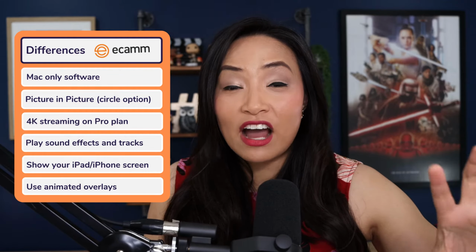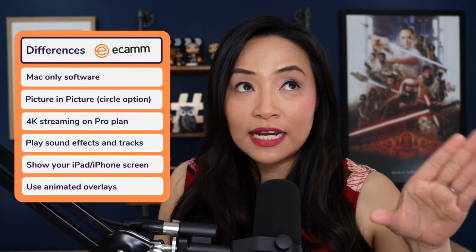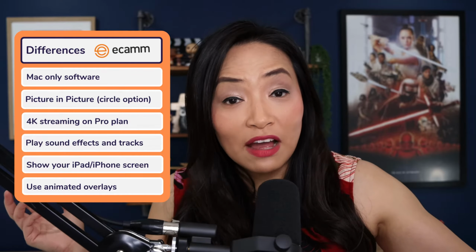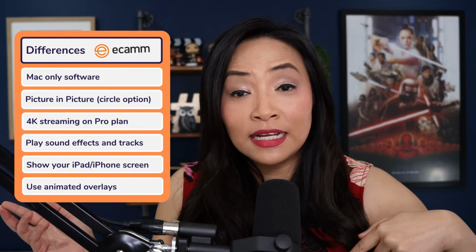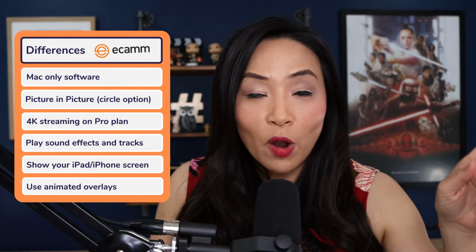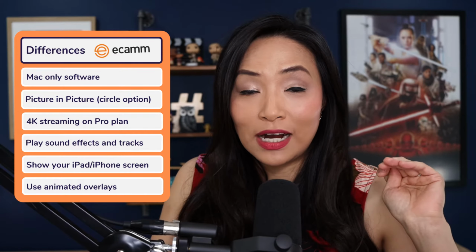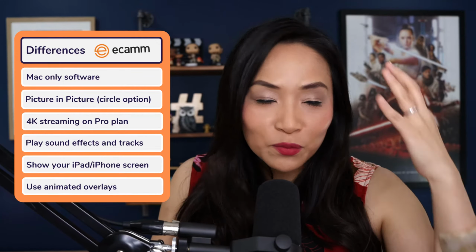On StreamYard, they have high definition on 1080p, so you can live stream in HD, but you don't get 4K at the time of this recording. If you have figured out how to do 4K on StreamYard, let me know because I'm interested. But at the moment, Ecamm's the only one that allows you to do 4K, and I want to see all of this in 4K. So that's why I choose it, and that's why it's something that I like to have.